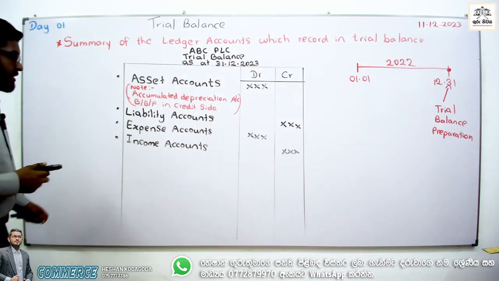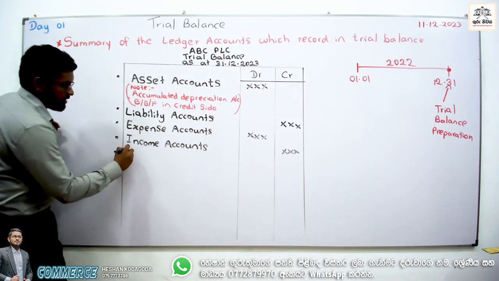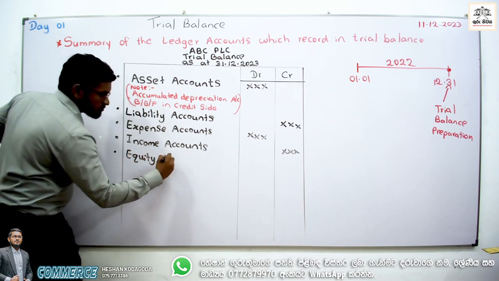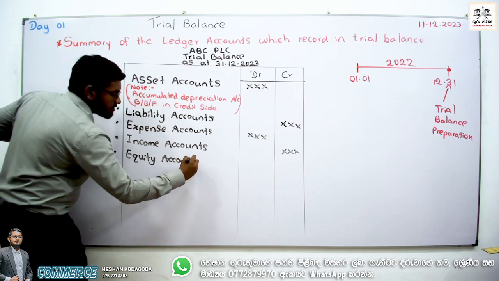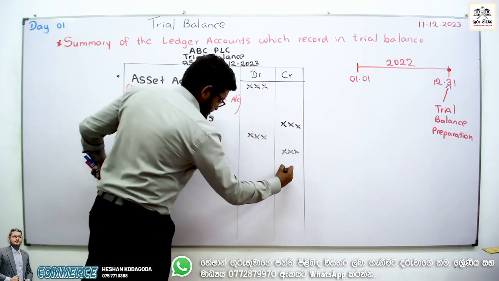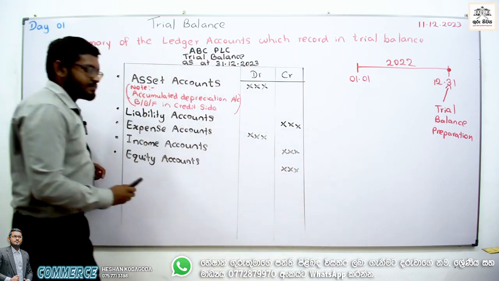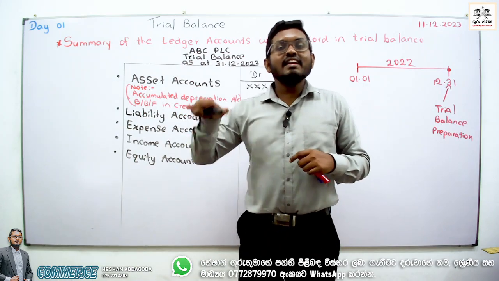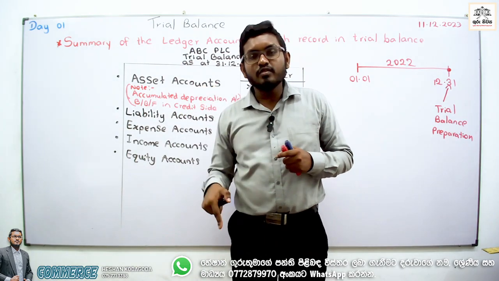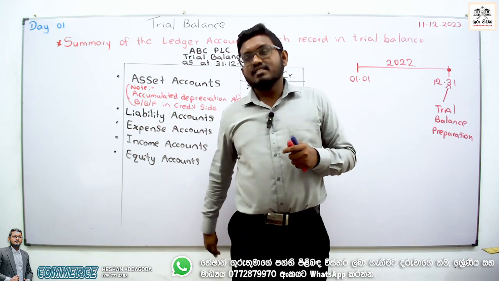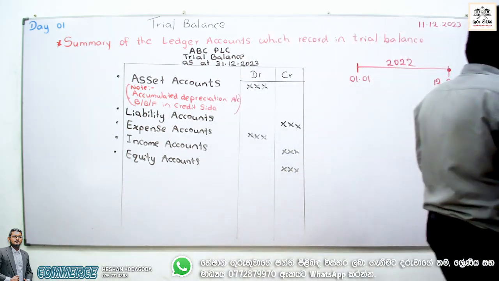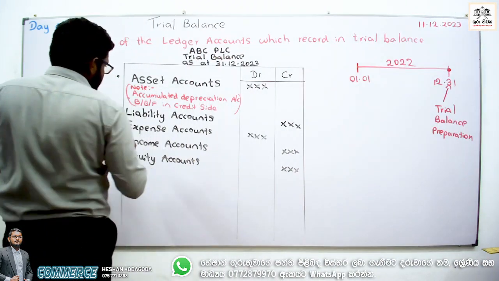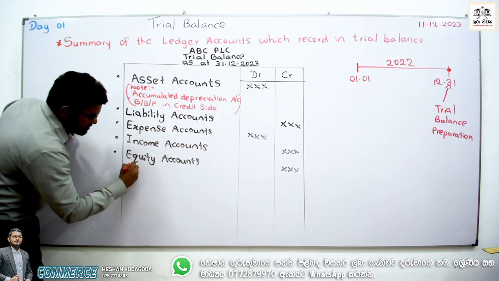Right? Next one, equity accounts balance brought forward in which side? Credit side. But though the drawing account is concerned as an equity account, balance brought forward in debit side. Isn't it this? Right? So though the equity accounts balance brought forward in credit side, there is a special note.